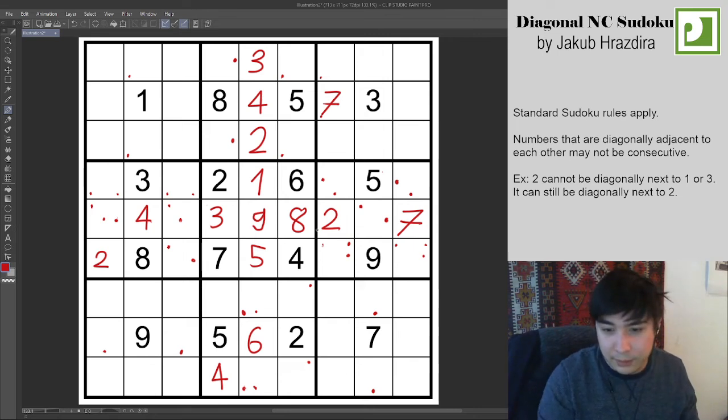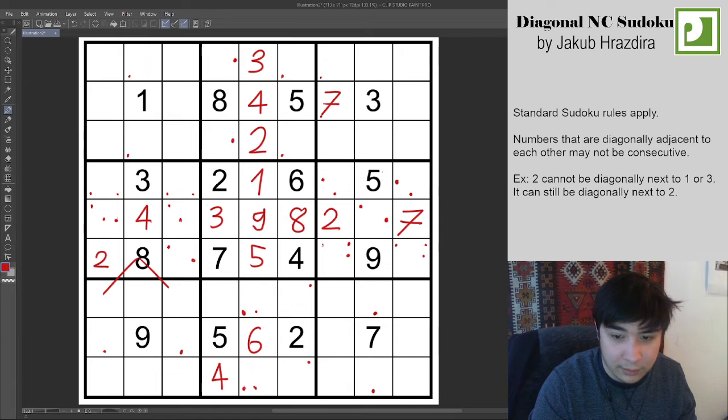But yeah, also with that deduction that the 7 has to be on the sides, and that it can also not be diagonally adjacent to the 8, and the 7's all the way on the other side here, it's got to be one of these two cells at the bottom, which does resolve this pair here.